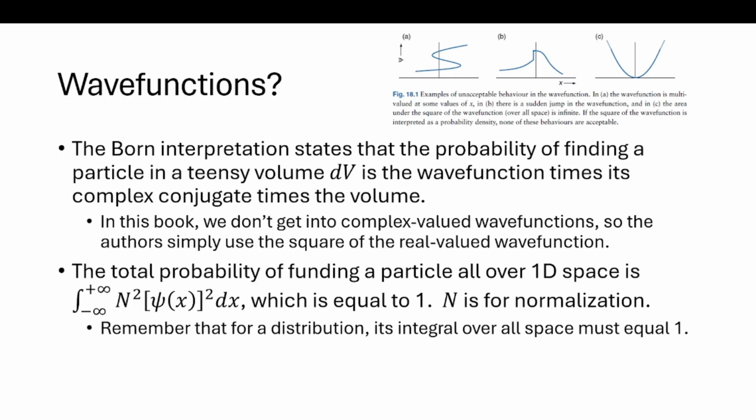The Born interpretation is that the probability of finding a particle in some tiny volume dV, and if you remember from your calculus class, d just means a tiny bit, is going to be the wave function times its complex conjugate. That's for complex valued wave functions. Of course, we're dealing with real valued wave functions in this book, so we just square the wave function.